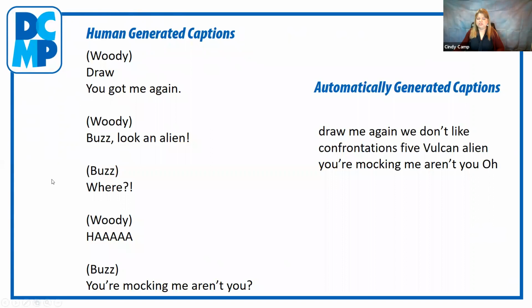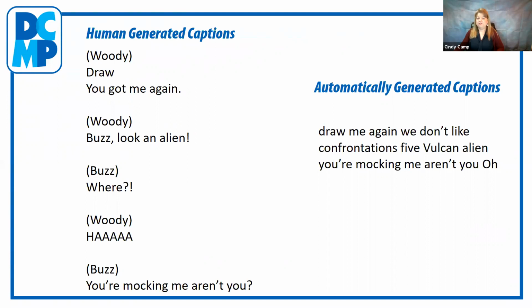So I pulled out just a small segment so you could see them side by side. And on the left, you've got the DCMP style human generated captions. It looks very different from the automatic captions. Just the fact that the automatic captions don't have speaker identification and don't have punctuation make a huge difference.